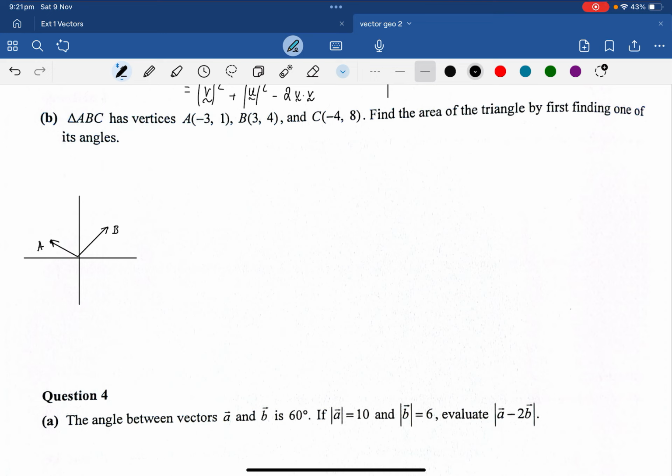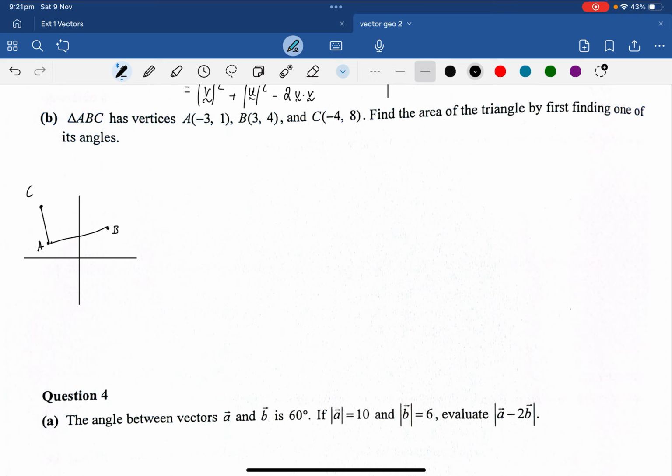And C is -4, 8. What are we even doing? Let's first put the points. That is B and that is A, and then we join the triangle.